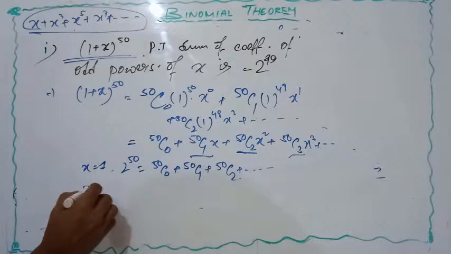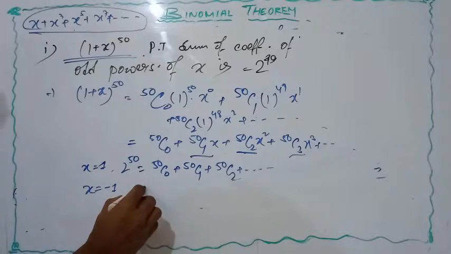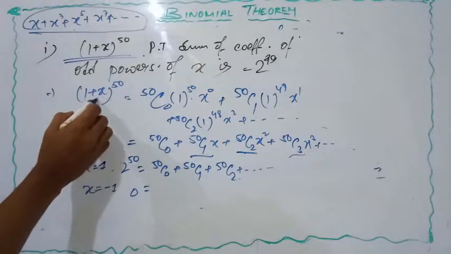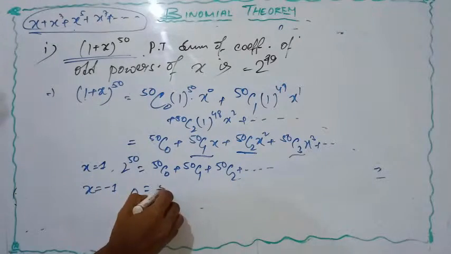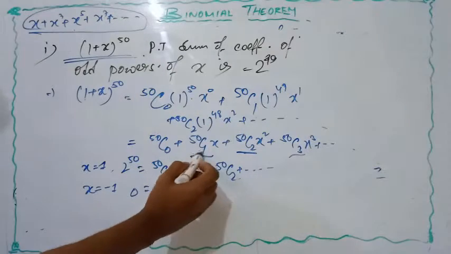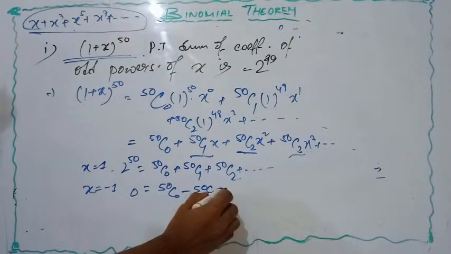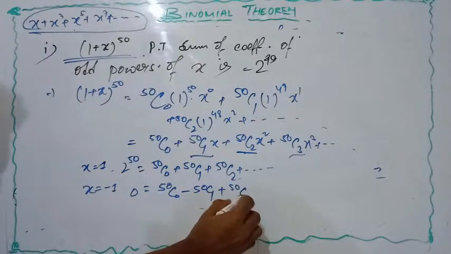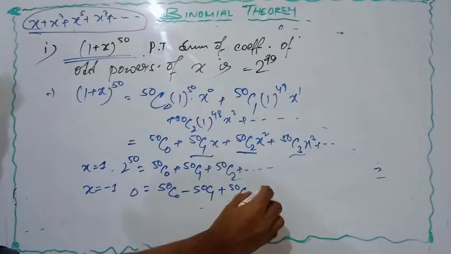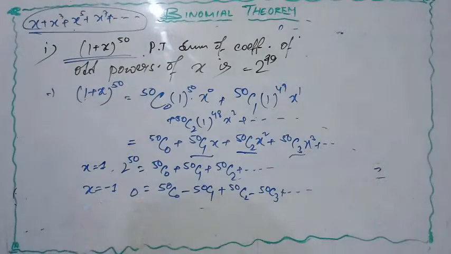Now if you replace x by minus 1, then what you are getting: 0 is equal to 50C0 minus 50C1 plus 50C2 minus 50C3 plus, in this way it will continue.